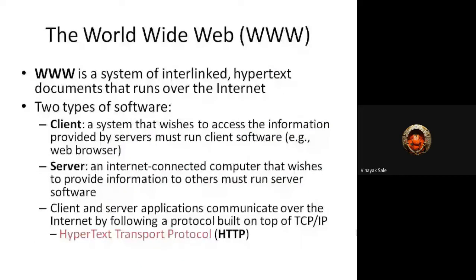Then we have seen World Wide Web. Client: a system that wants to access information provided by a server and must run client software. Server: an interconnected computer that wants to provide information to others and must run server software.